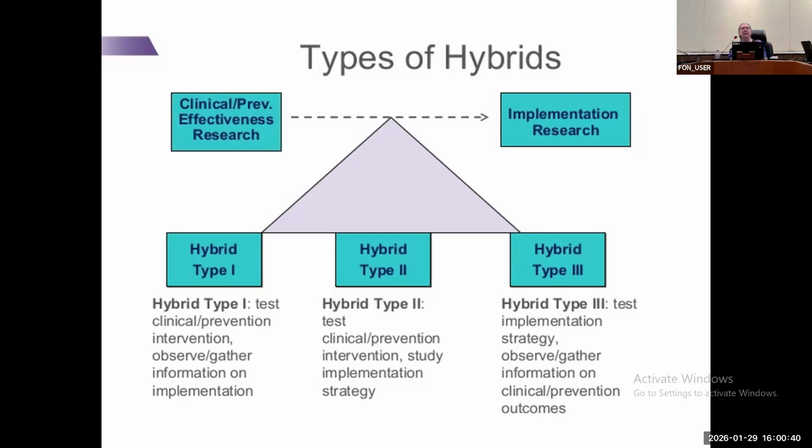Hybrid 3 is 25-75. So your primary aim for a hybrid 3 is, I'm focusing on implementation. So I'm focusing on the inner setting, the outer setting, what is the intervention like? Those sorts of things. We're focused really on getting it into clinical practice.